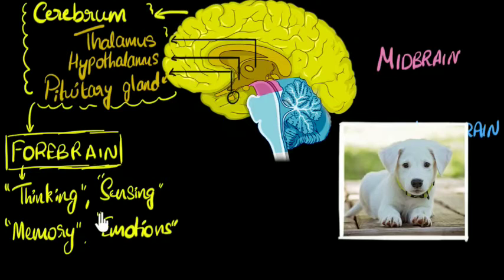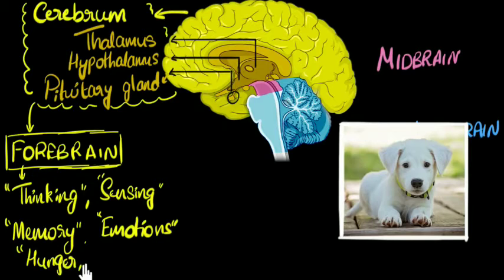Emotion means feeling happy, tense, stressed, showing anger; everything which comes under emotion comes under the control of the forebrain. Beyond that, there are some more functions, like feeling very hungry, right? If you feel hunger, that also comes under the control of the forebrain.